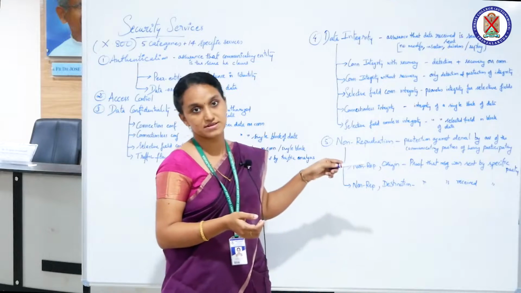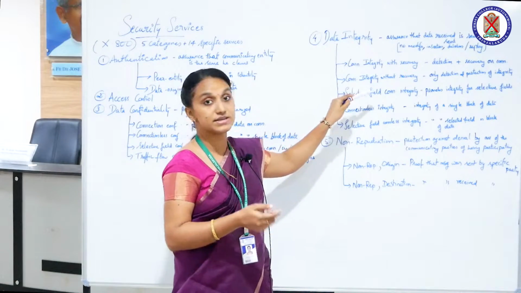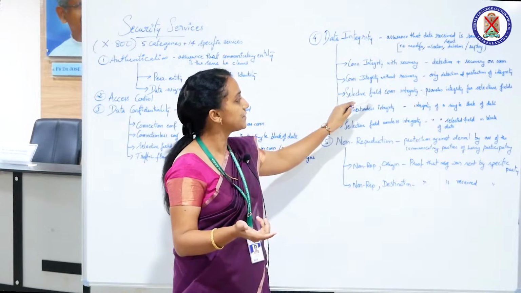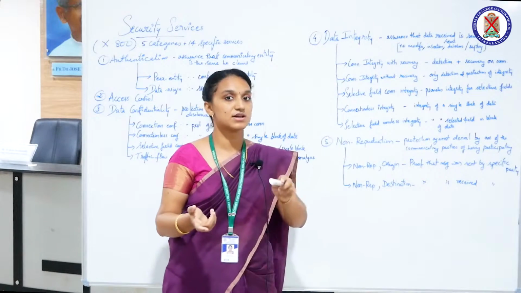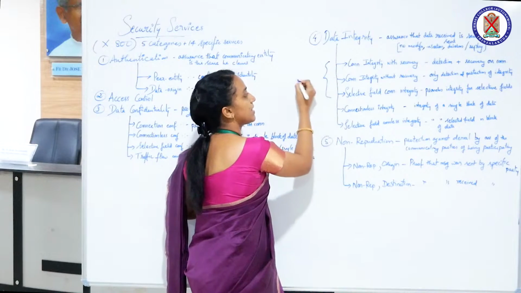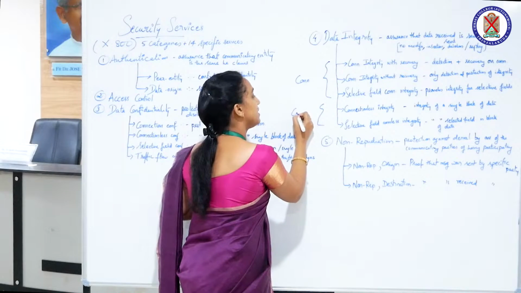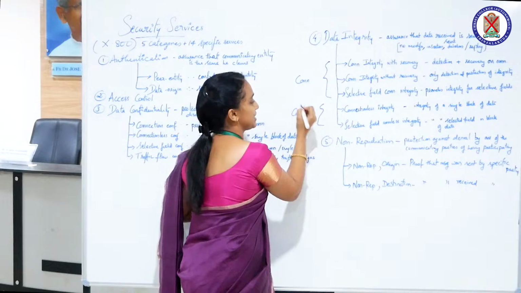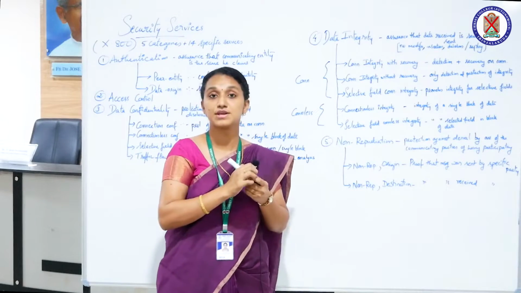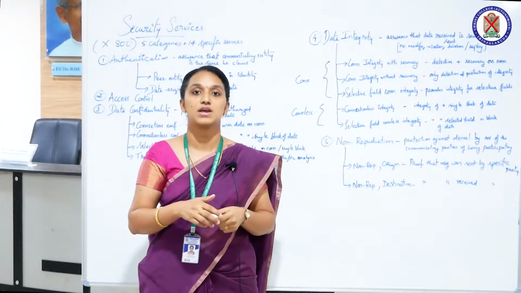Let's see the specific services. Connection integrity with recovery, connection integrity without recovery, selective field connection integrity. Let me talk about first these three. These three come under connection oriented, and these two come under connectionless communication. So in connection oriented, we are dealing with connection integrity with recovery and without recovery.